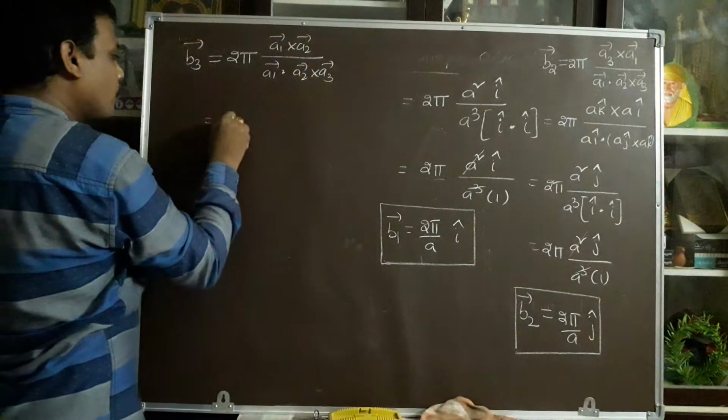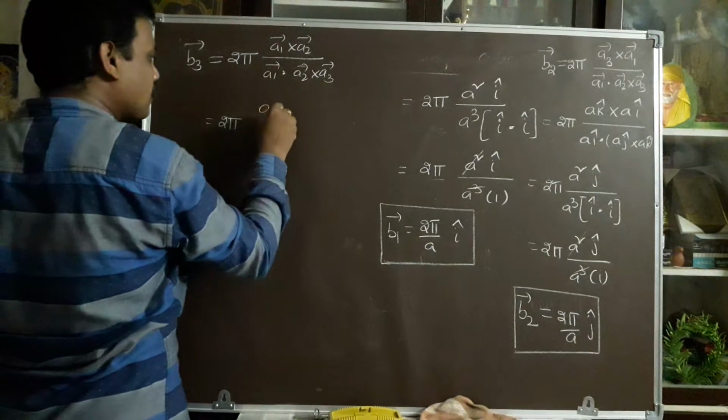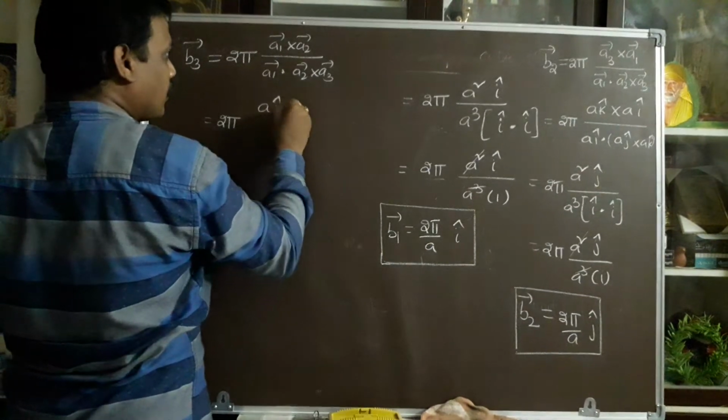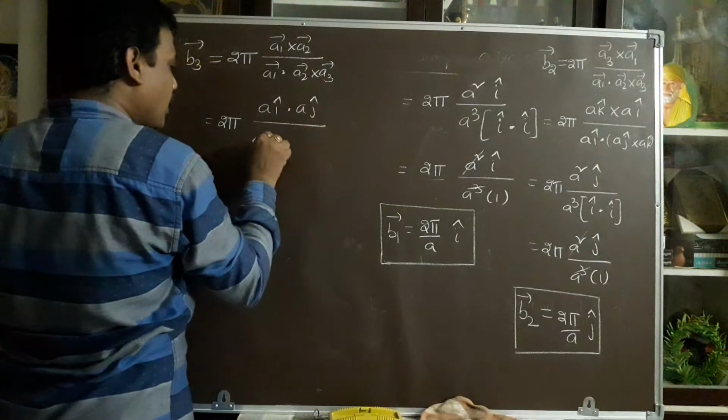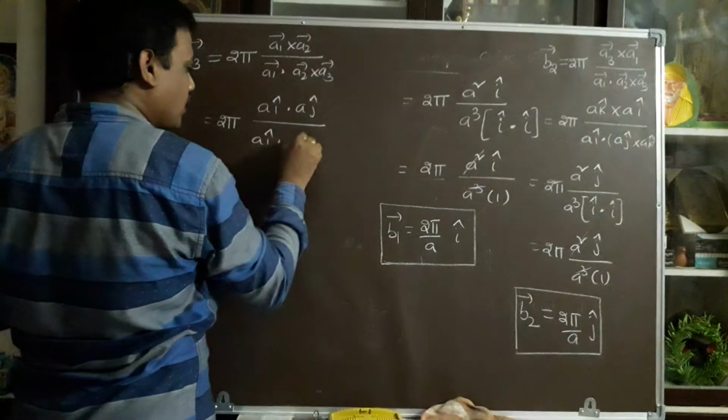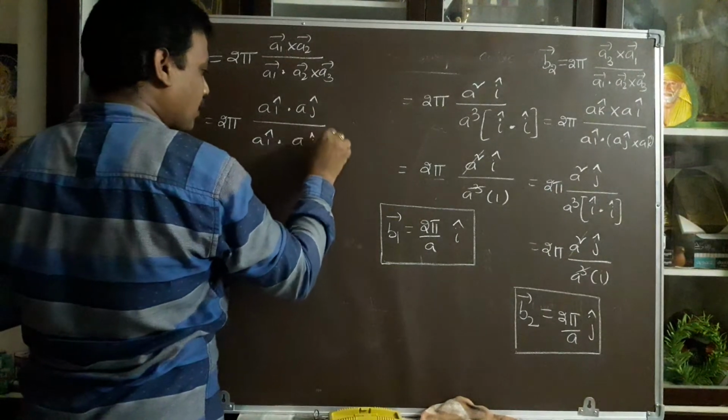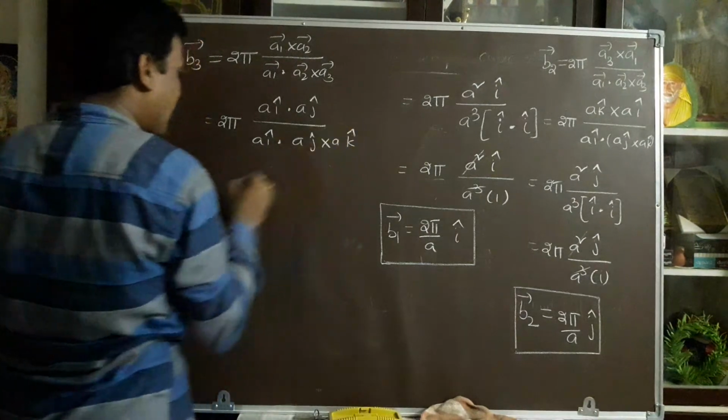So 2 pi into A1 bar is A into I cap, dot A into J cap, divided by A into I cap dot A into J cap cross A into K cap.